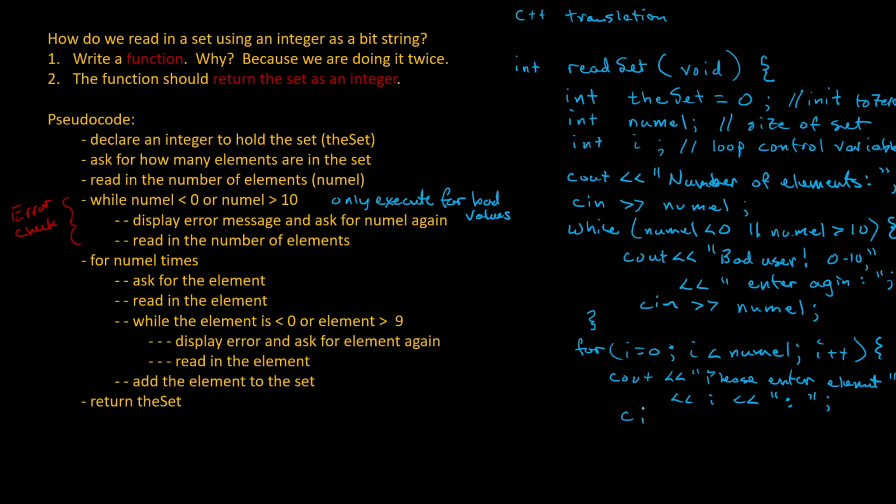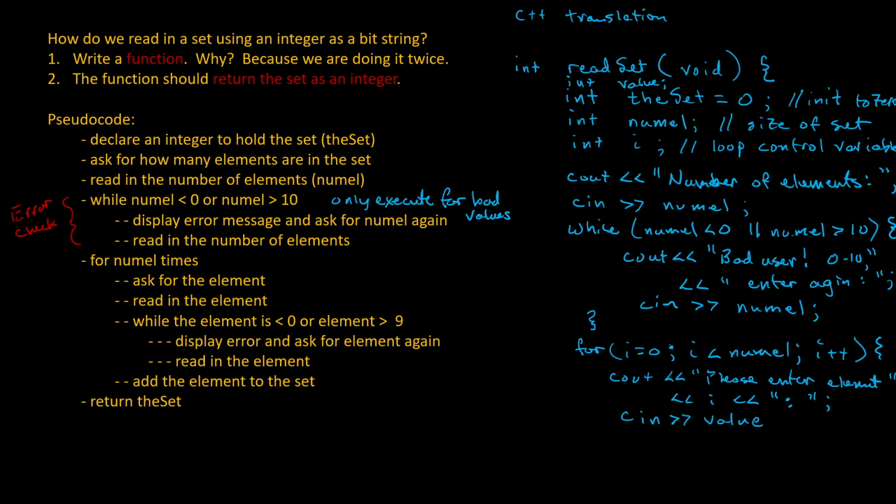We'll read the element. Ooh, I need one more thing in here. Value. And that's going to be the value that we read in from the keyboard. Or I guess I could use element, which appears to be what I've used in most of the place here. But I'll use value because that'll match the PDF that I gave you for how to compare everything.